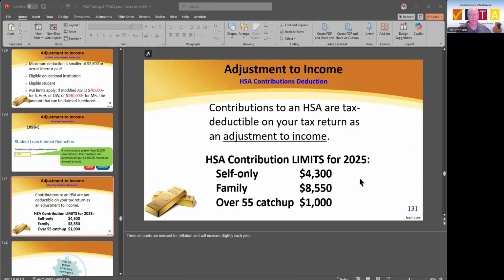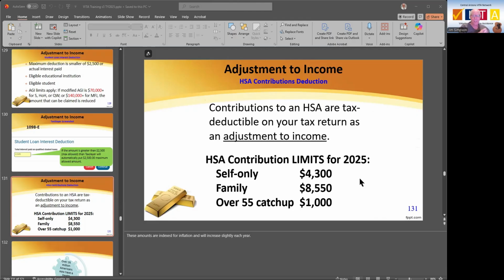HSAs are called health savings accounts. These are really good deals, okay? They could be, if you qualify for one, and if your employer sponsors one. Usually they're sponsored by employers, not always, okay, but they have to be tied to a health insurance plan that has a high deductible.